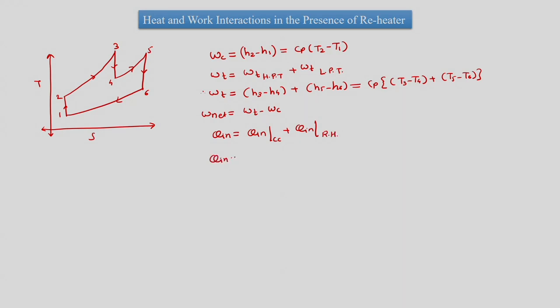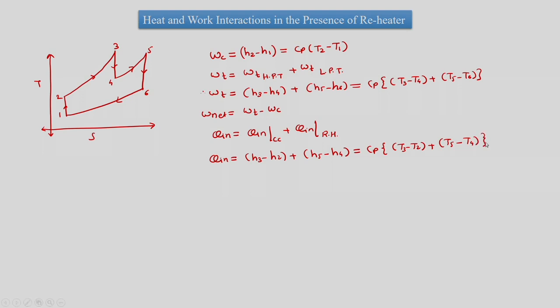So Q in is equal to Q in Cc, and Q in Cc is H3 minus H2, and in the reheater we have heat addition as H5 minus H4. So we have Q in is equal to Cp into T3 minus T2 plus T5 minus T4.